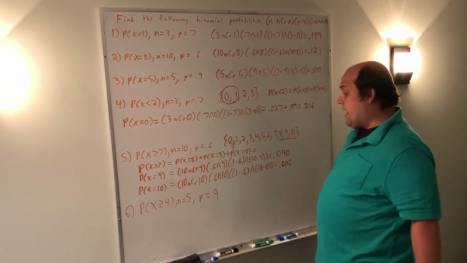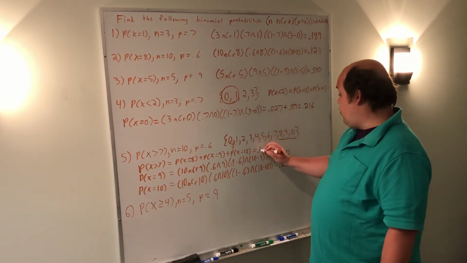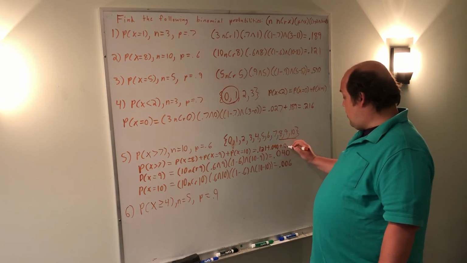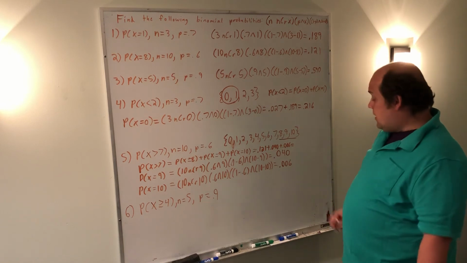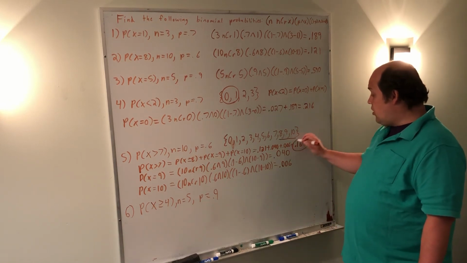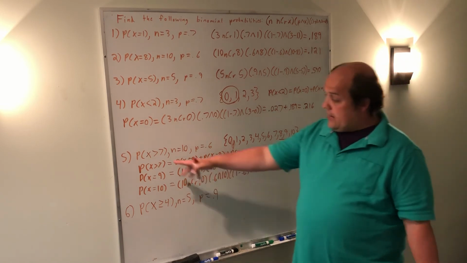So when I add them all together, I'm going to take 0.121 plus 0.040 plus 0.006. That's going to give me 0.167, which is the overall probability that x is greater than 7.